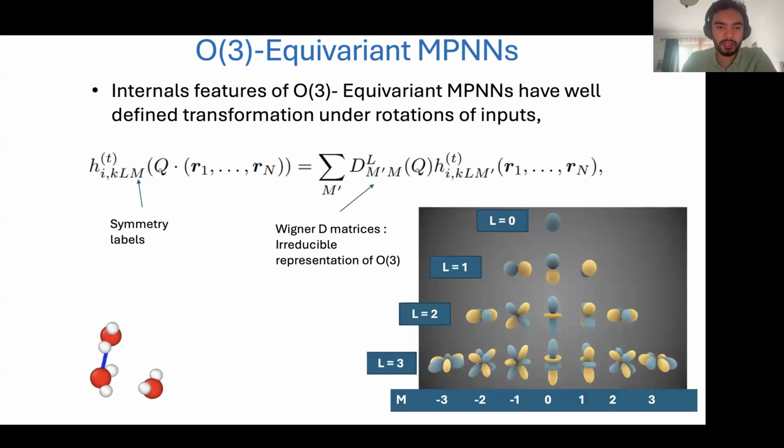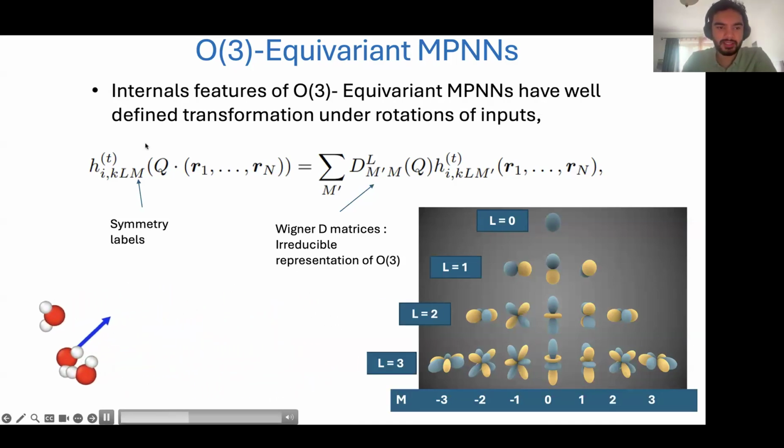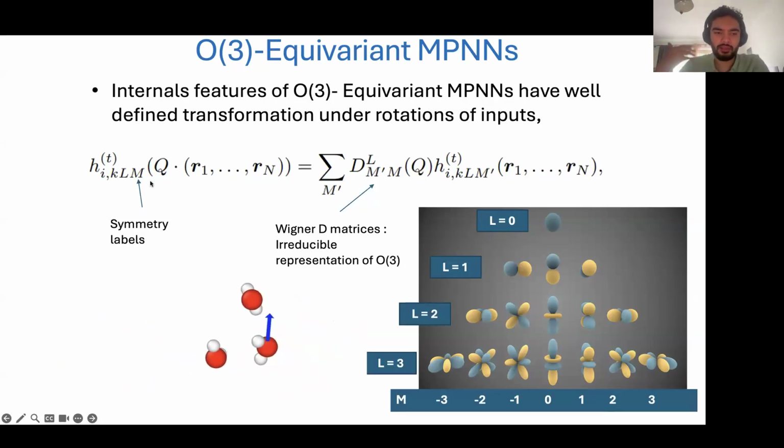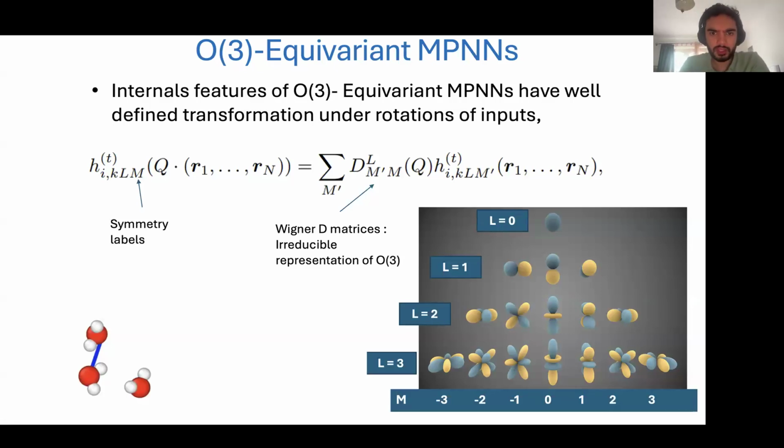And to give a visual representation of that, let's say L is 1, and then this feature will be an internal vector. If you rotate your input, like this water cluster here, then your feature will rotate with it. So it has a prescribed way. And actually, we also have higher order vectors and obviously scalars, and we use the spherical harmonics basis to easily keep track of them.